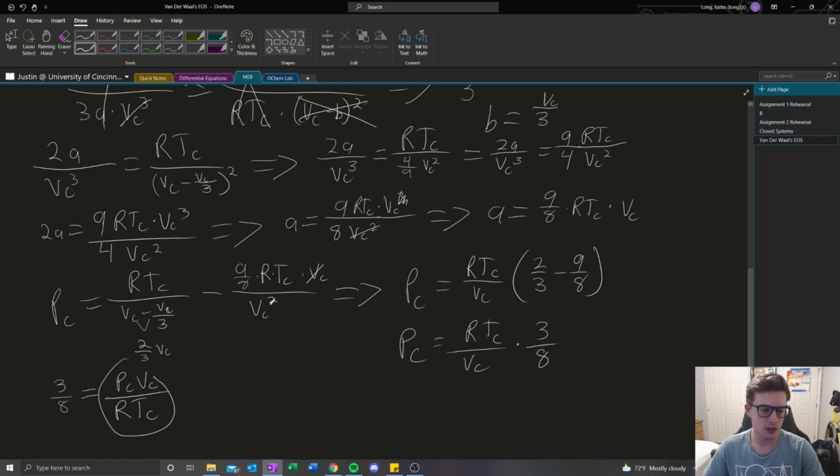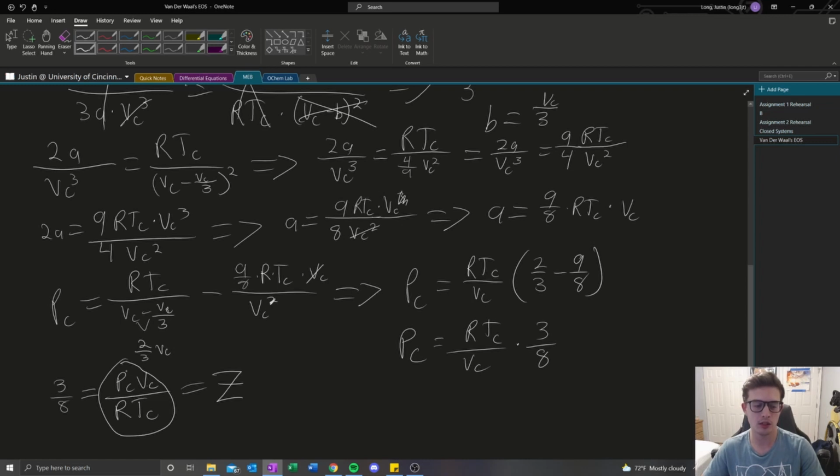And so this right here, oh, that was really poorly drawn. So this here is commonly referred to as Z. That's just the letter they picked, and that's the compressibility factor of a non-ideal gas. And so this Z is really important because in real practice, it's extremely difficult to experimentally find the critical volume.